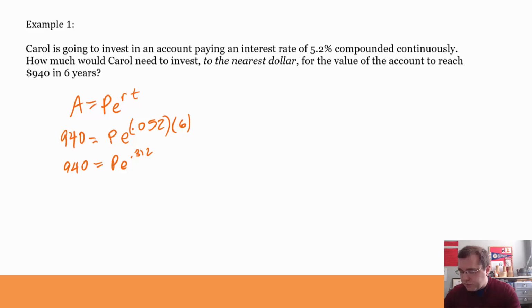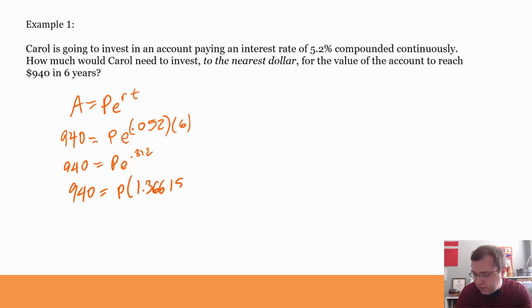I get approximately 1.366154693. I'm going to go all the way because this is not my final answer yet, so I don't want to round anything until my final answer. And then to solve for P, I'll simply divide 940 divided by that.